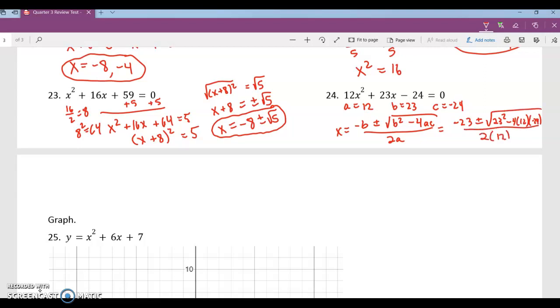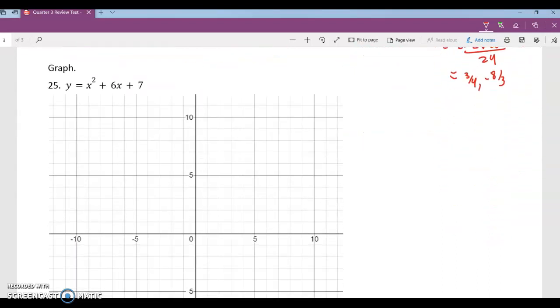So it's a mess of arithmetic. We get negative 23 plus or minus radical 529 plus 1152 all over 24. That's negative 23 plus or minus radical 1681 over 24. And I'm going to jump ahead a little bit and do that arithmetic. But I get 3/4 and negative 8/3.